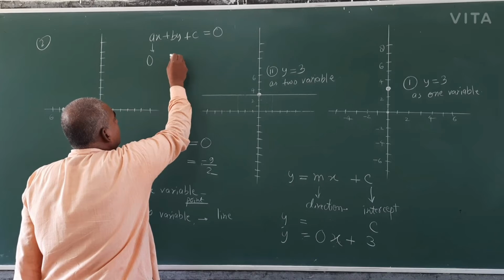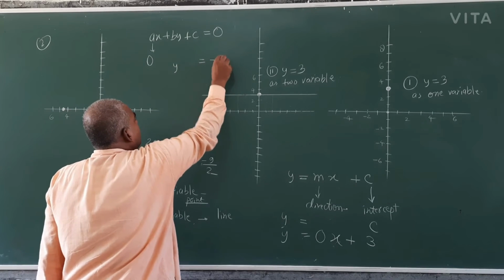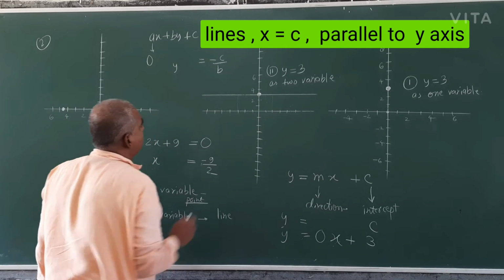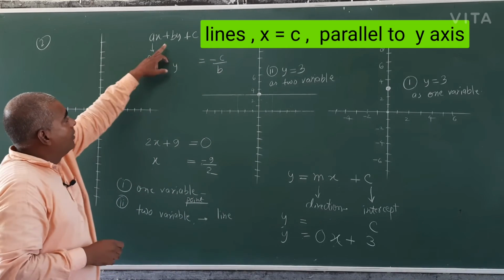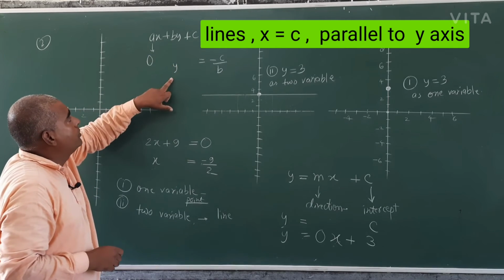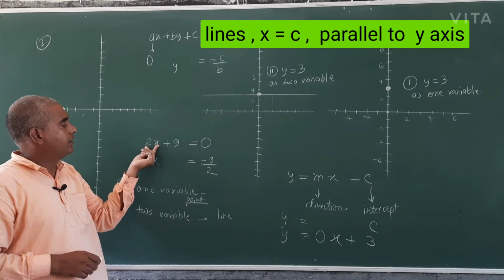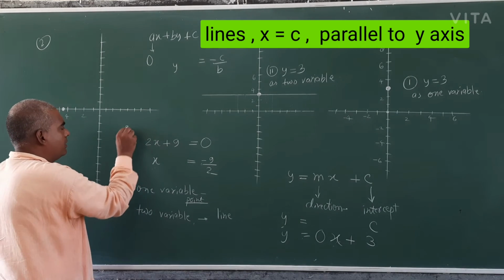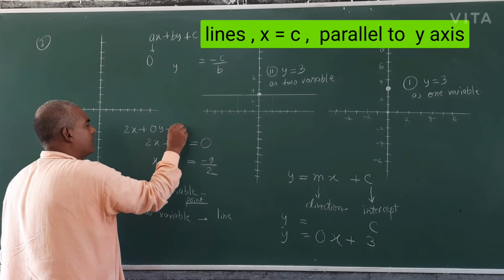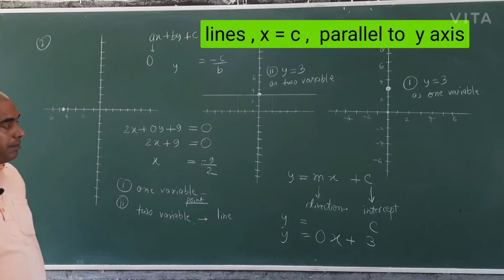You will get y is equal to minus c upon b, a constant, just like here y is equal to 3. When b is equal to 0, you will get ax plus c. So this is actually 2x plus 0y plus 9 equals 0.